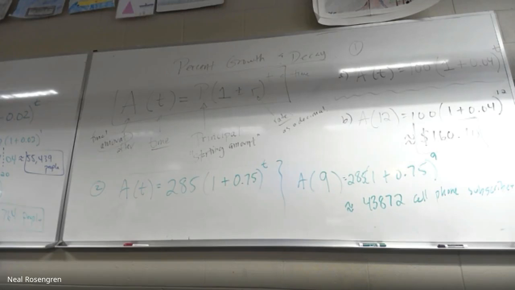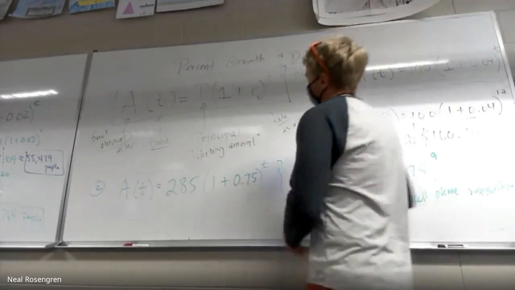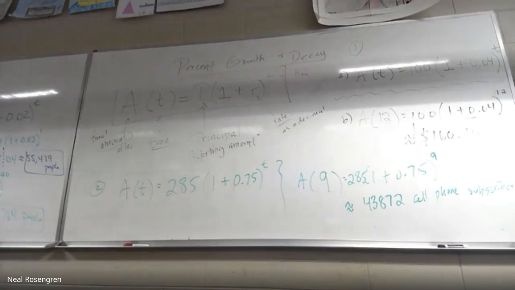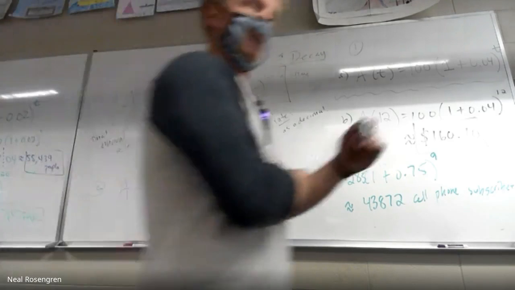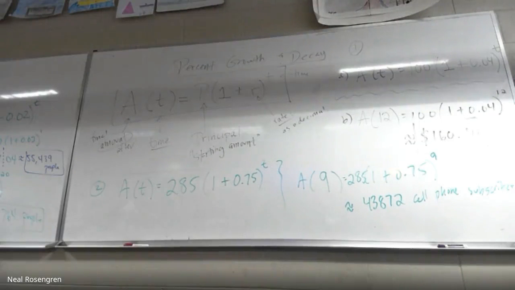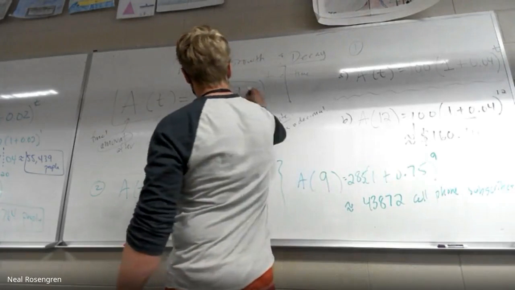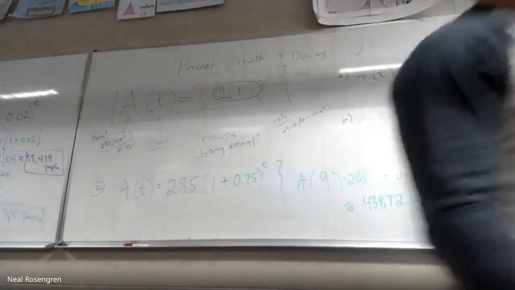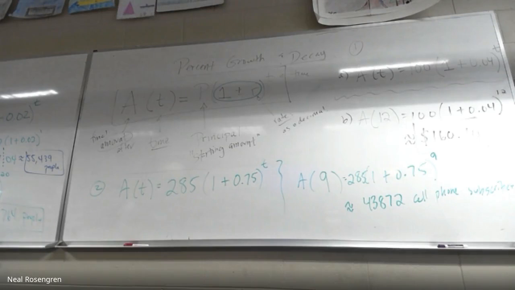Now, the thing that we have not really talked a lot about is, what if they don't give us a rate as a percent? What if they just give us the setup like they do for number 3? What's the key word you think in number 3 for how things are changing? Multiply for sure. Okay, right back here, I can multiply at an alarming rate. Double. So it's not that my rate is 2 necessarily. It's that all of this, my multiplier, is going to be 2.